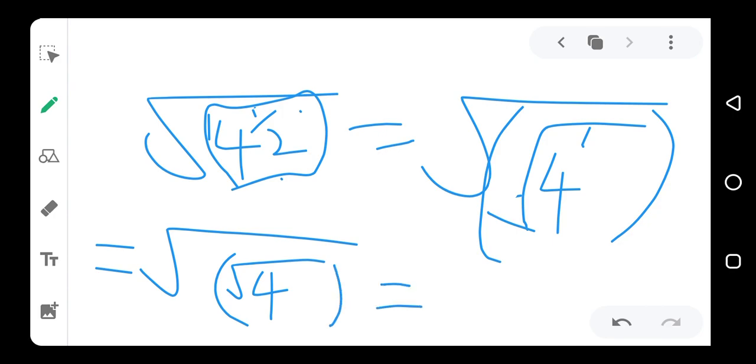Square root of 4 is 2. So we now find the square root of the one inside, which is 2. Now it becomes very easy. You can use your calculator and find the square root of 2, or you leave it this way as the answer. So when you see different laws combined, you break it down and solve it step by step.